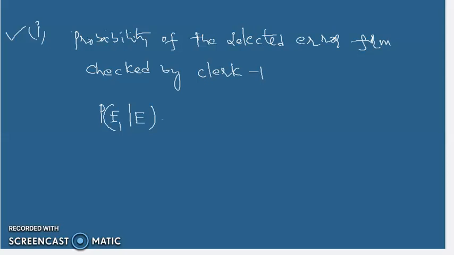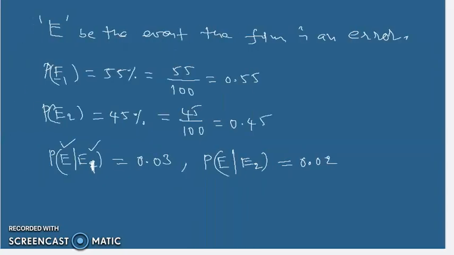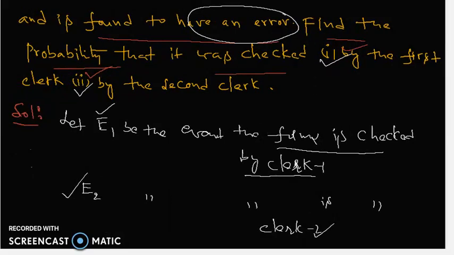So by using Bayes theorem, what is P of E1 by E? The Bayes theorem states that P of E1 into P of E by E1, divided by, how many events are there? There are two events, E1 and E2 mainly.